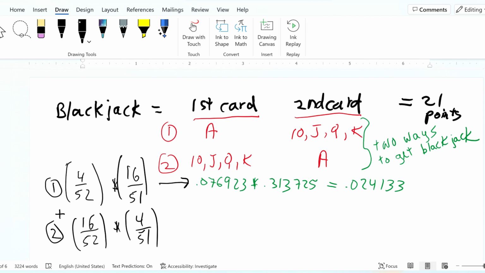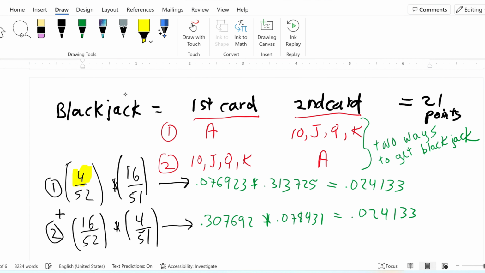Now for the second way, we have 16 out of 52, that's 0.307692 times 4 out of 51, that's 0.078431. And we get the same answer as before, 0.024133. That's because mathematically we have the same numerators, 4 and 16, and we have the same denominators, 52 and 51, so we get the same answer.